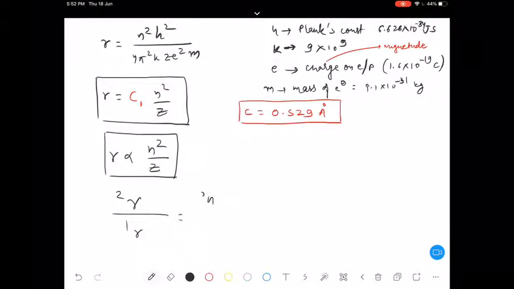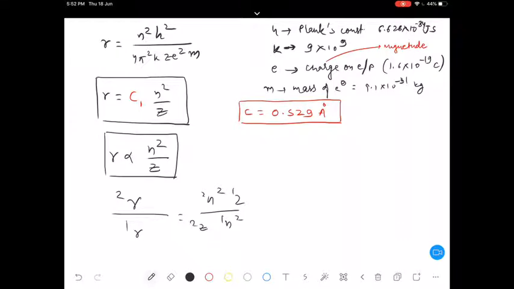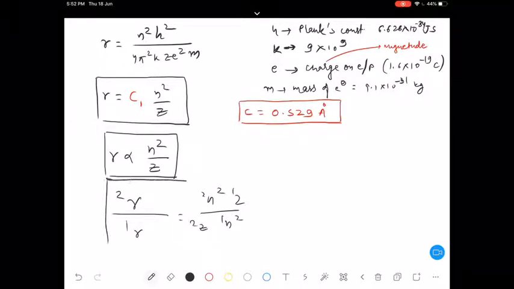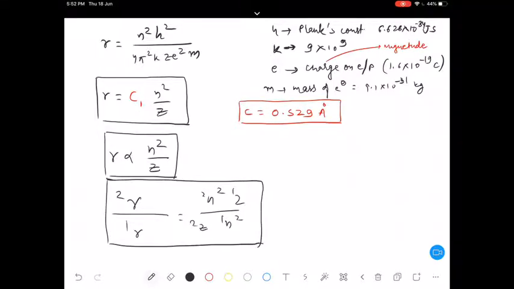I can write it as n2 square by z2 times z1 by n1 square, because the constant value will be the same. Like we can get this expression from this one or this one. We will understand what it means when we go through a few questions.